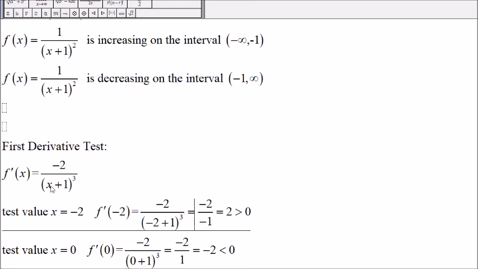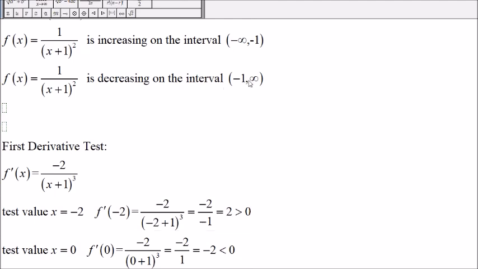Negative 2 plus 1 is negative 1, negative 1 to the third is negative 1, and then we have a negative 2 here, so negative 2 divided by negative 1 is positive 2. So any number from this interval, evaluated in the derivative, will give something positive, because the function is increasing on this interval.